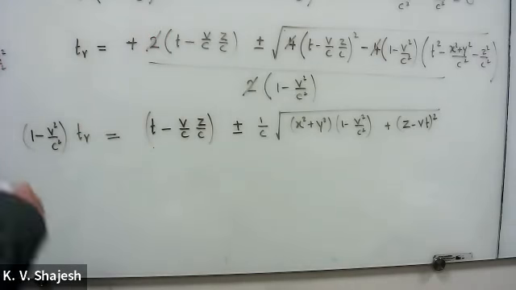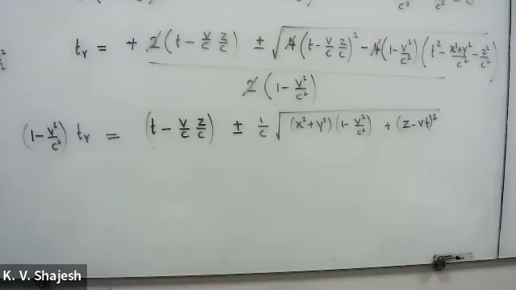Retarded time, if it is negative, then it is okay. Retarded time should be t minus some quantity. So if t was 0 and it is negative, that is okay. If it comes out to be positive, that means it's in the future. t minus something, that's when it should contribute.